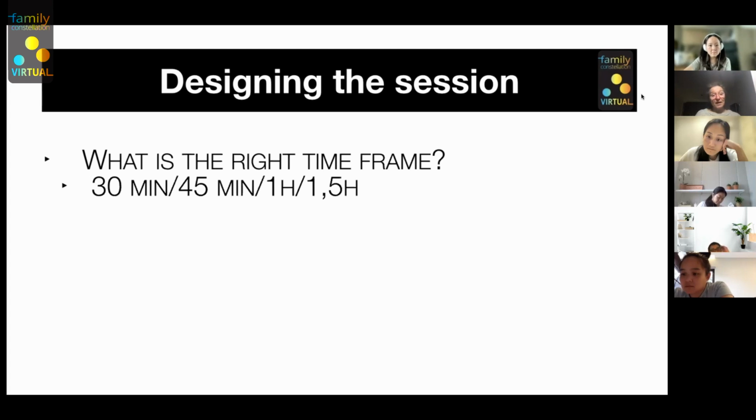I would always start with 1 hour, because you need more time. Like in every profession, you get more efficient over time. So obviously when you start, you need more time. So make it an hour.